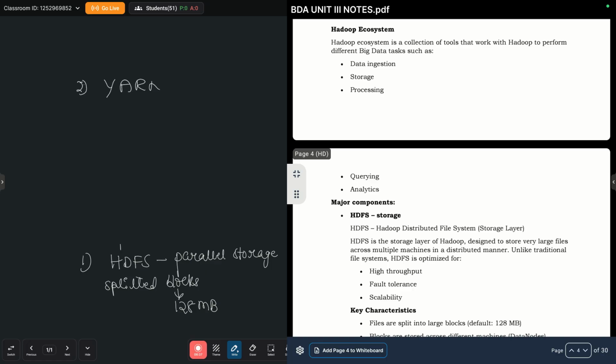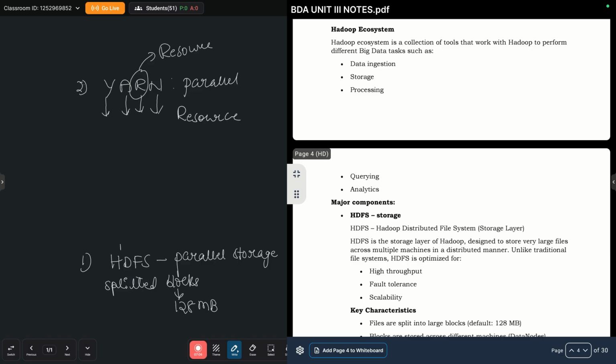So what is YARN? Yet another resource negotiator. The name is resource, so YARN is used for parallel resource management.